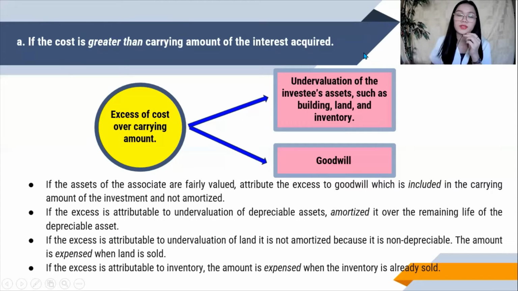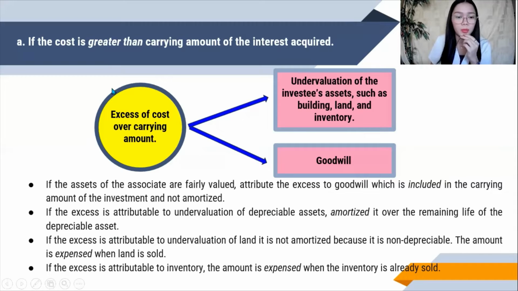So, let us first look at the case where the cost is greater than the carrying amount of the interest acquired. Meaning, what we paid is higher compared to the carrying amount of our share in the identifiable net assets of the investee. If so, of course, we have an excess of cost over the carrying amount.